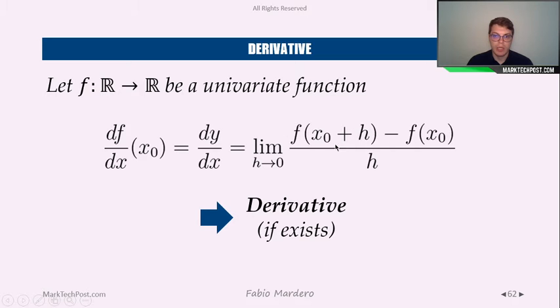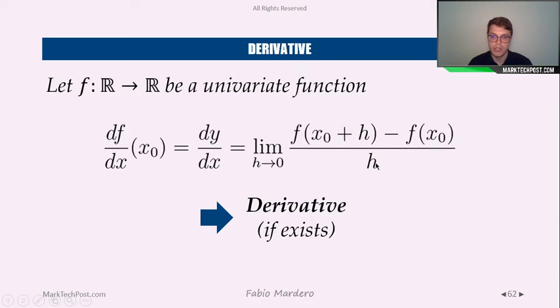What we are doing here is taking f of x0 and a point very close to x0, taking its image, and seeing how the change is performed by f with respect to the change we have made in the domain.